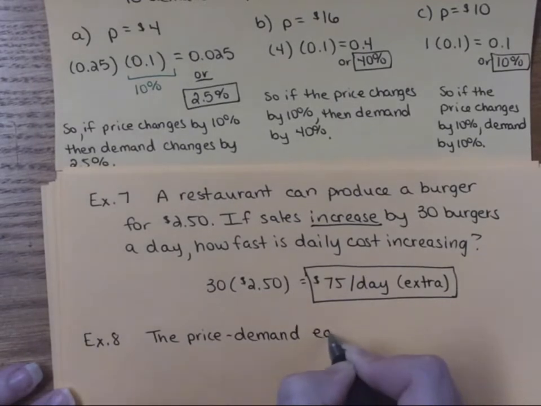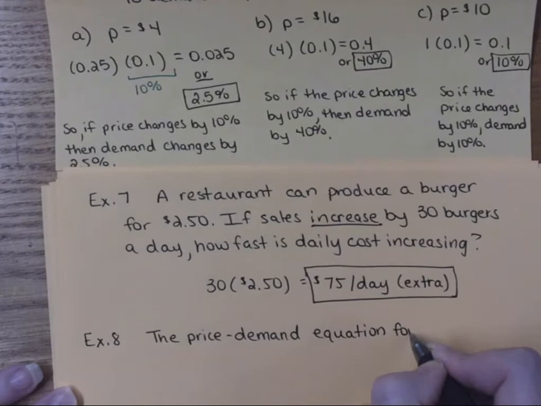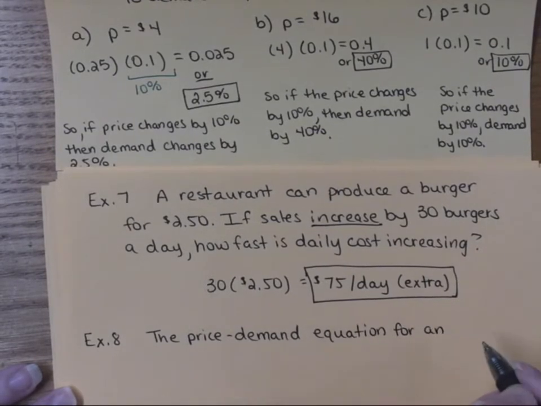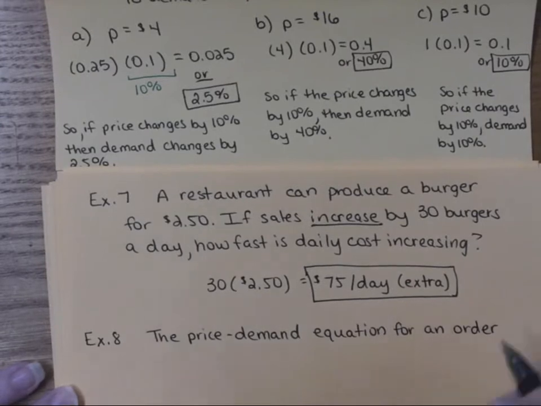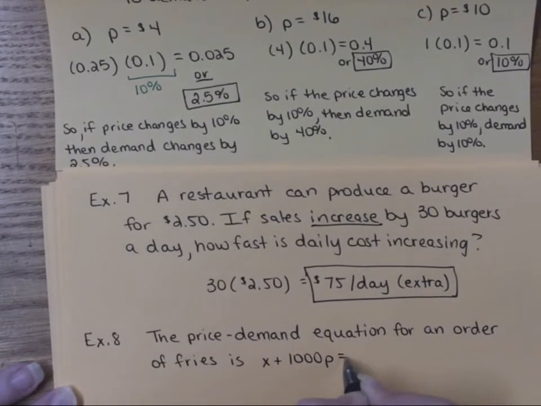But then sometimes we're going to want kind of a full-blown formula used. So let's say the price demand for, let's just stick with the restaurant example, an order of fries is x plus 1,000p equals 2,500.